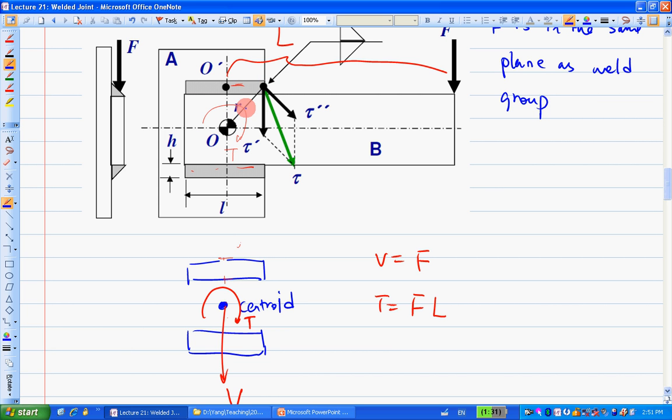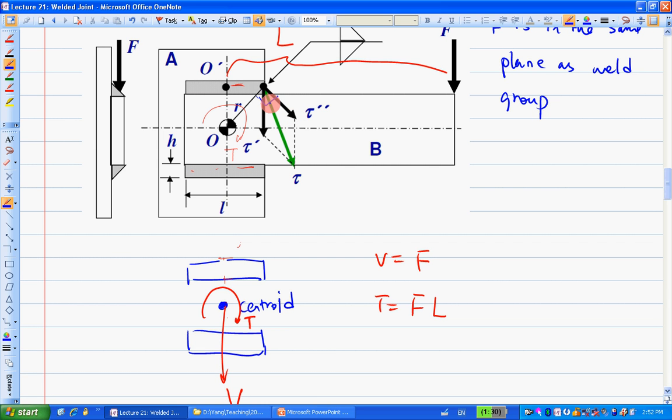The torque T goes like this, so you have a torque over here. The tau double prime will be in the same direction as the torque T, and the tau double prime is perpendicular to this R. Is that good?